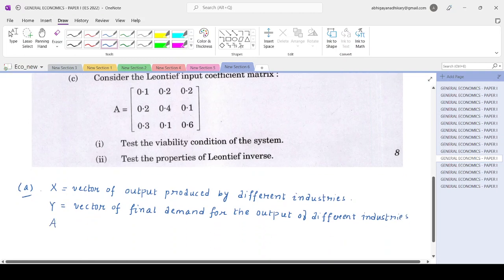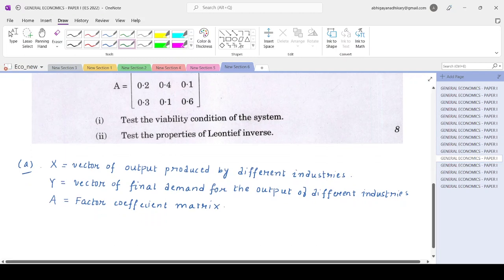and let us denote A as the factor coefficient matrix. Okay, for example, if many of you are not familiar with this term, let's say we have two sectors, sector 1 and sector 2.